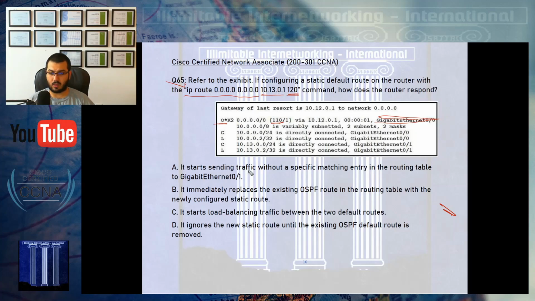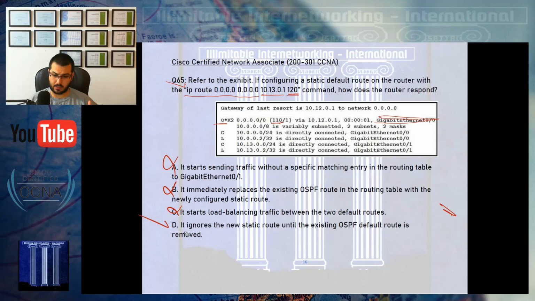So it starts sending traffic without a specific matching entry in the routing table to gigabit 0/1. It immediately replaces the existing OSPF route in the routing table with the newly configured one. No, it's not immediate because it has a higher AD. It starts load balancing. No, it ignores the new static route until the existing OSPF default route is removed. Yes, it will be D, because as long as there is an OSPF, this one will work.